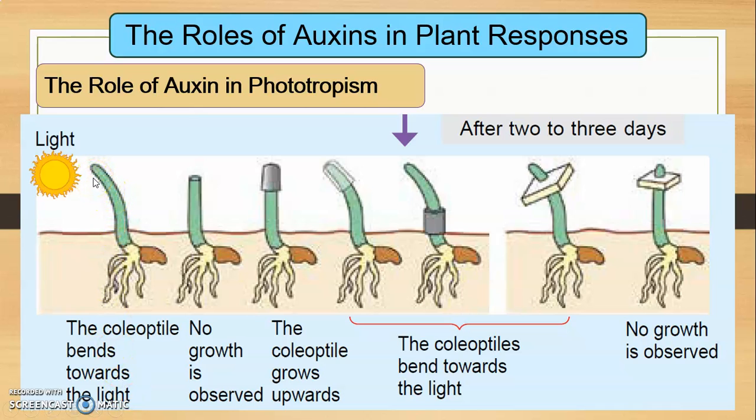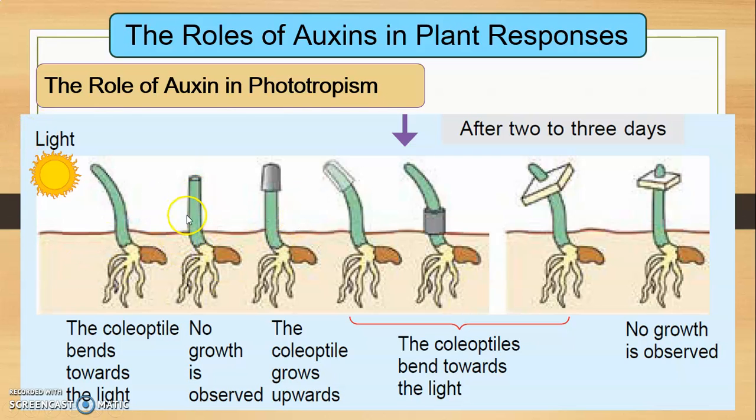As we discussed before, the auxin will move away from the sunlight and move to the shaded side. It will cause cell elongation on the shaded side, so that's why it will bend towards the light.